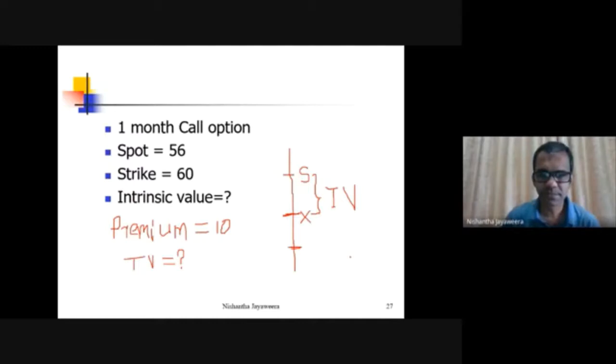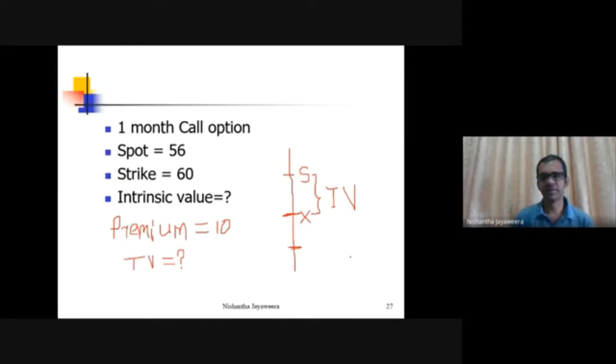Sorry? 10. Why? Intrinsic value is 0. That's true. Premium is 10. Then why does time value equal 0?